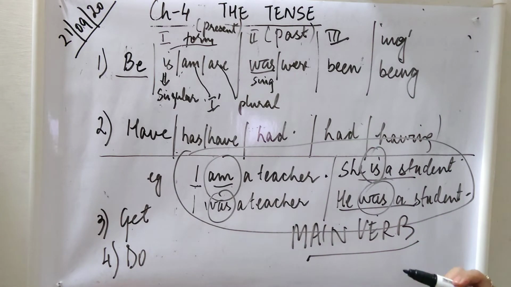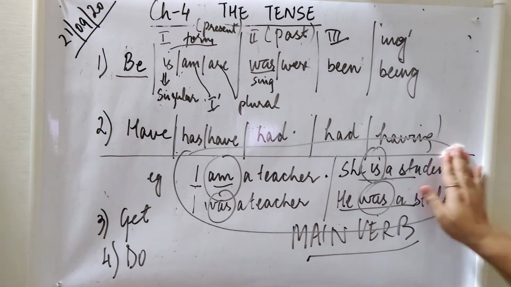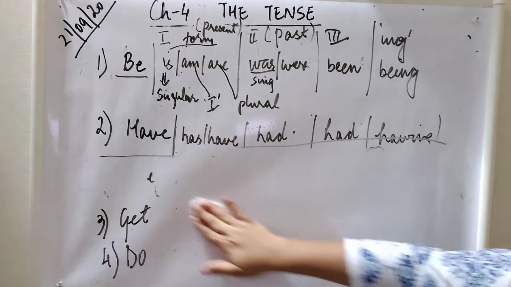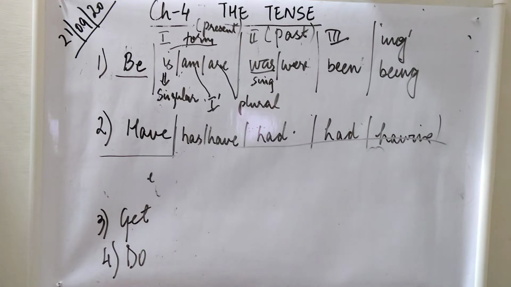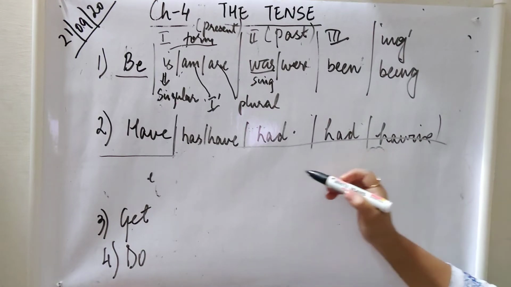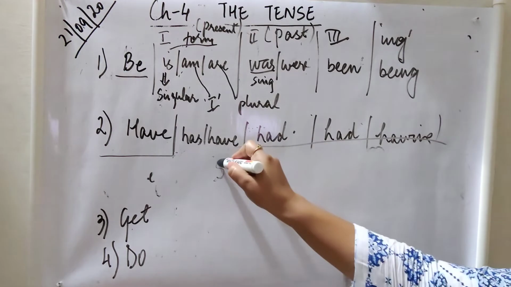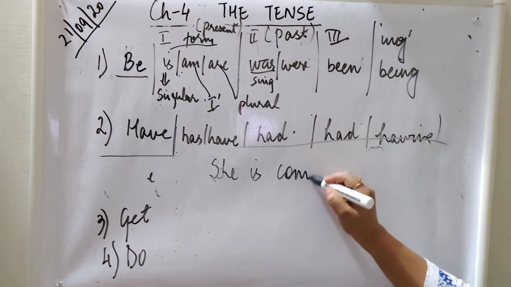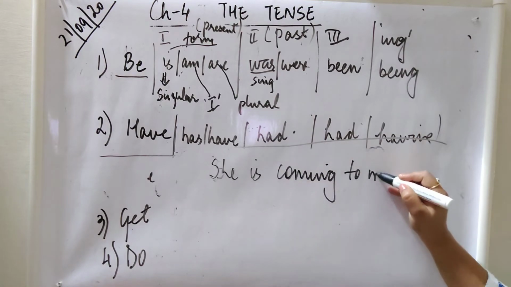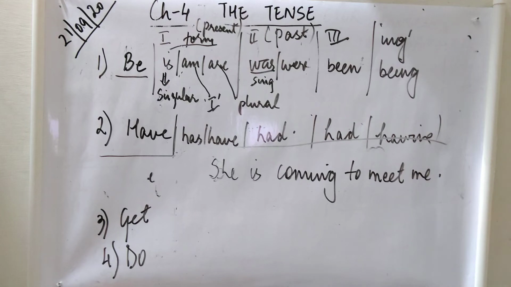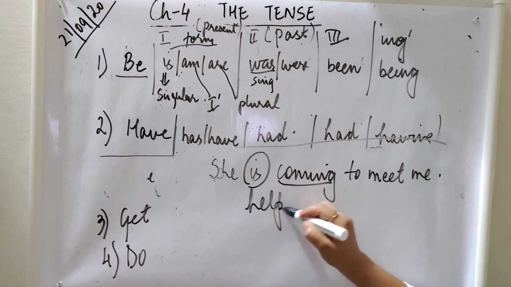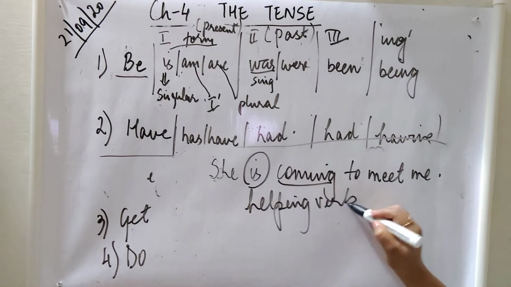Now let me take an example where be is used as a helping verb. For example, if I say she is coming to meet me, here the main verb is coming, but is is used as a helping verb.